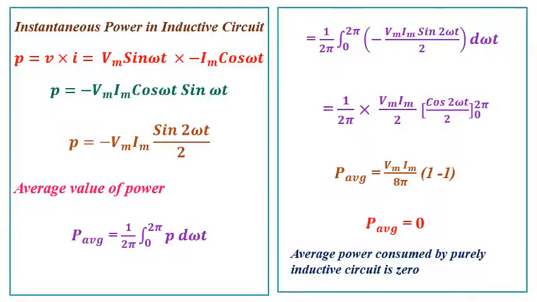This process continues. So we can say that in a complete cycle, the power consumption is 0. But this power is actually circulating. Power is required, but it is circulating. During one half cycle, it will draw from the supply, and during the next half cycle, it will be giving back to the supply. So that is why the average power for a purely inductive circuit is 0.